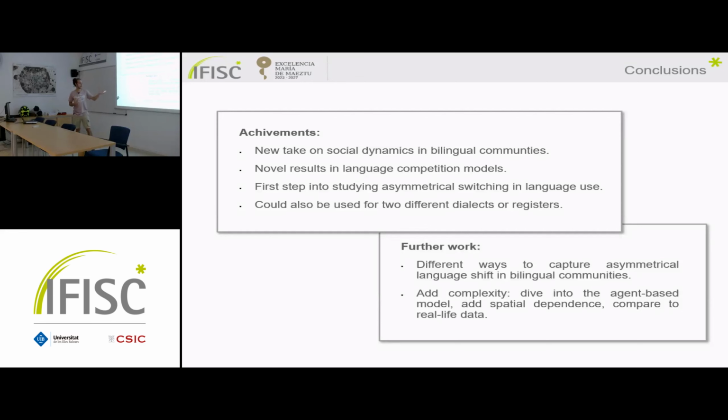And moreover, we could just add complexity to this model to see how realistic it can get by diving deeper into the agent-based model, since we only saw the finite size effects to study the lifetime of the metastable states. And also we could add spatial dependence or compare it to real life data and see if the states provided by the model are able to represent real life situations.